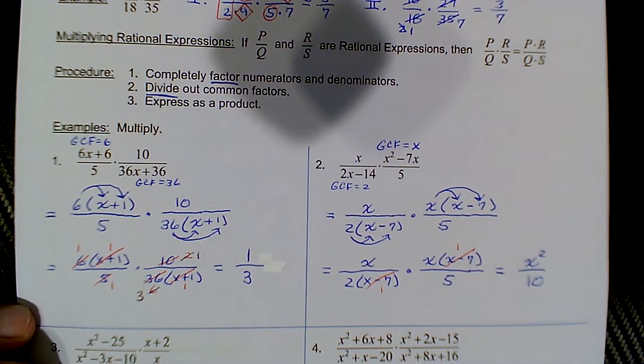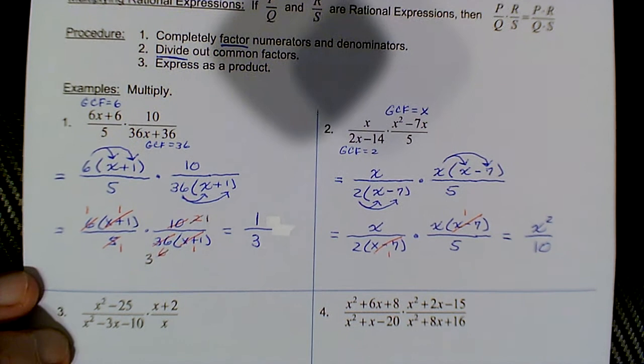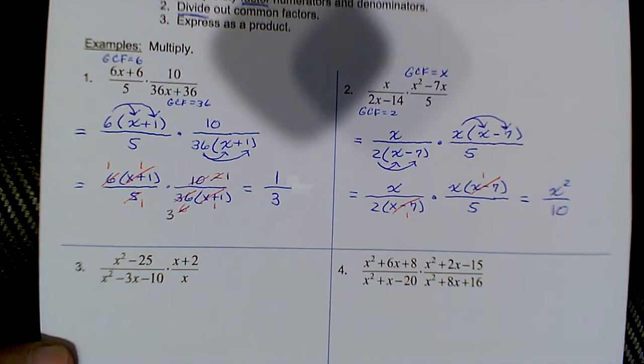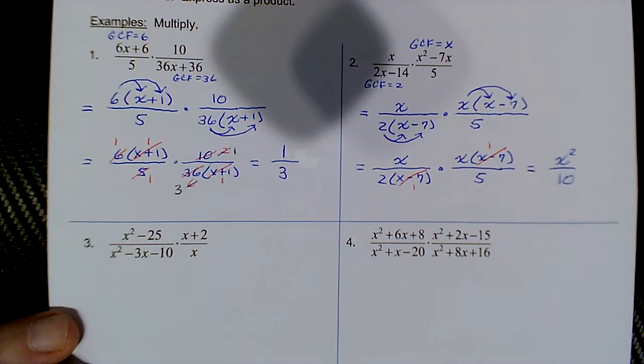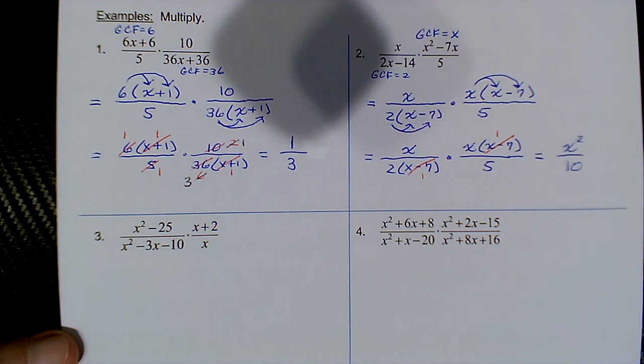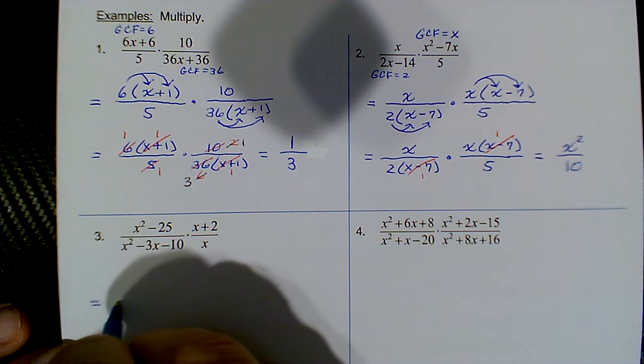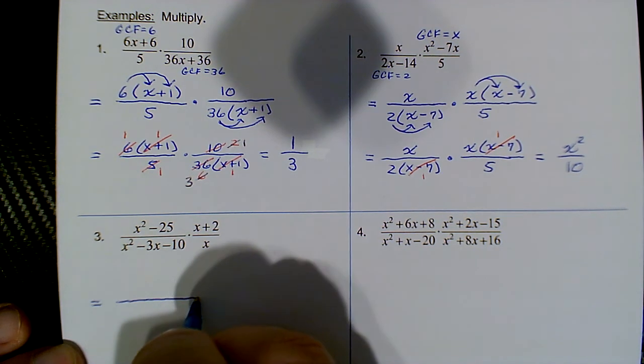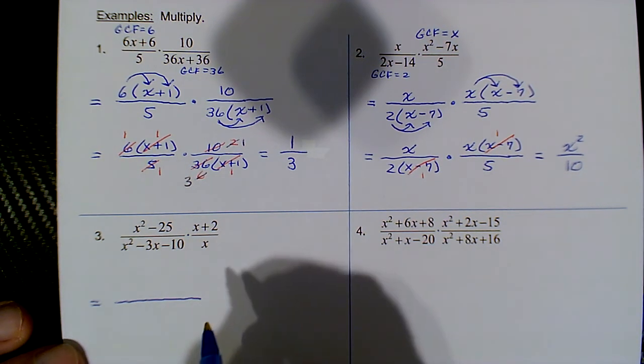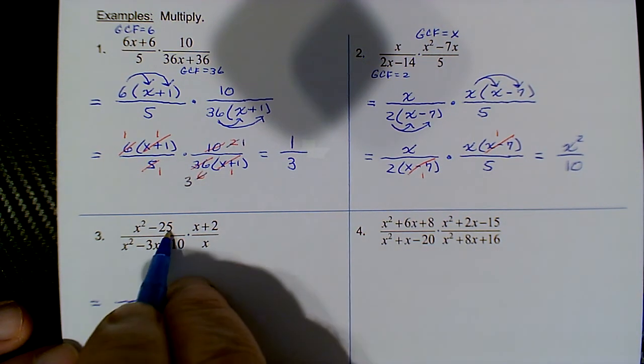Okay, so when factoring, greatest common factor is the first thing we look for. But then don't forget about quadratic trinomials as well as the difference between 2 perfect squares. So in this example, in the numerator, x squared minus 25.